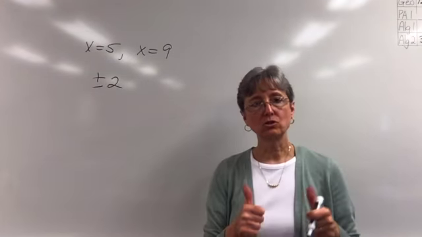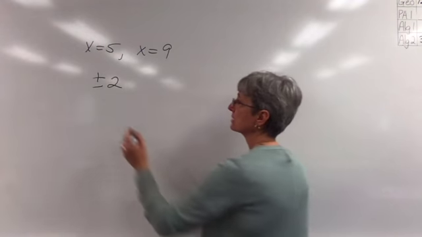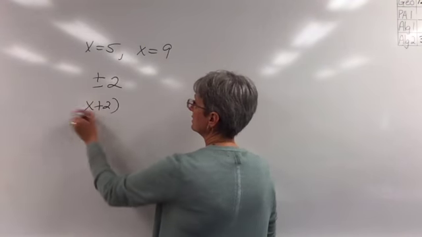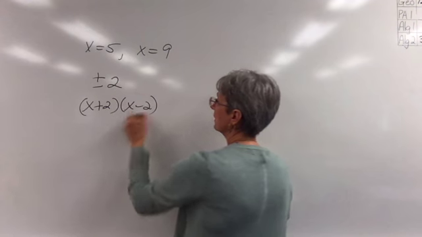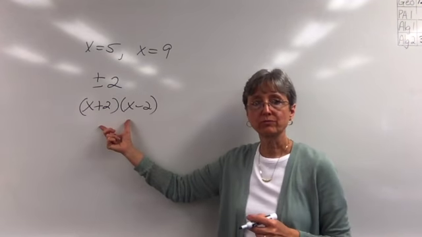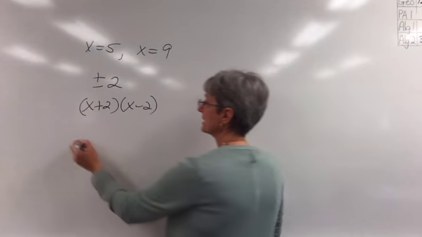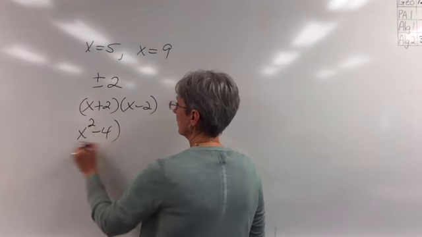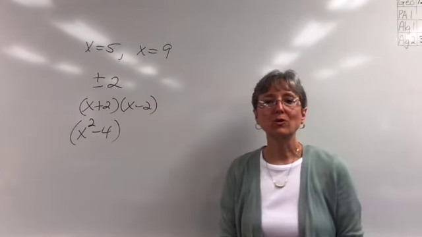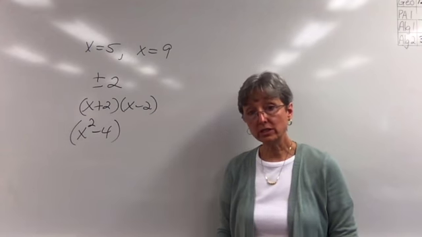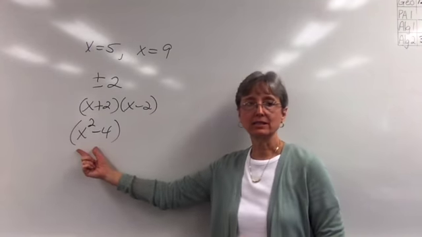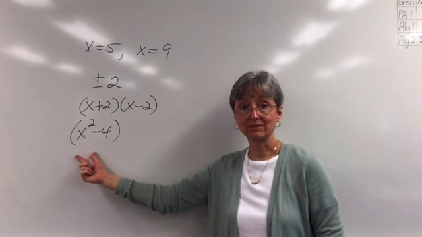If you get this, great. So that means x plus 2 and x minus 2 would be 2 of the zeros, which means that's x squared minus 4, right? So if they ask for a quartic that has that, then they would have this.